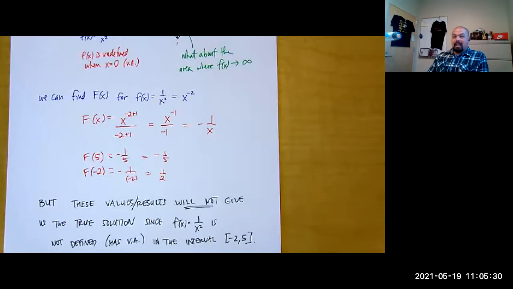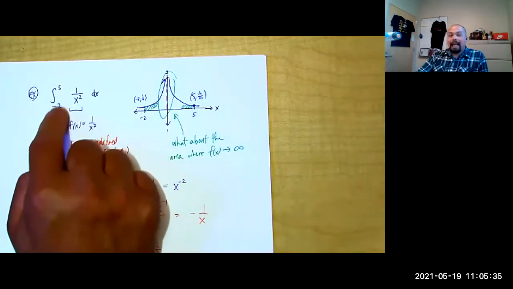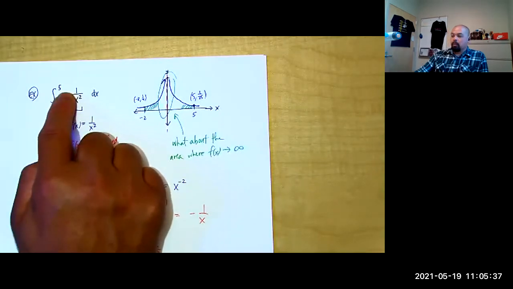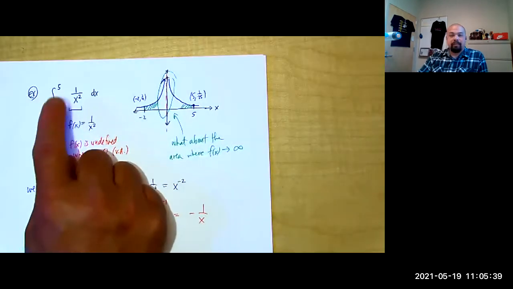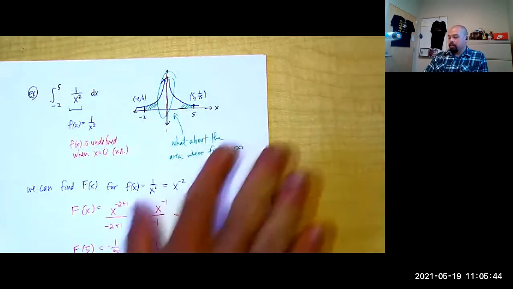So even though we can go to that work, we have to double check that, for this function, in that interval, we're well defined. If I had changed it, if I had gone instead from positive 2 to positive 5, then we're good.